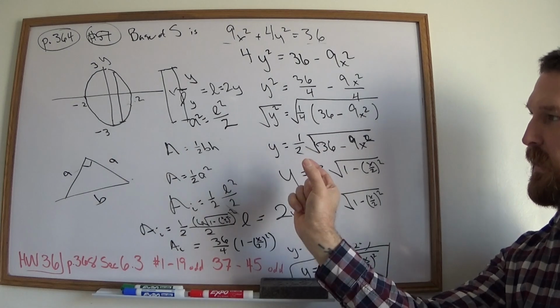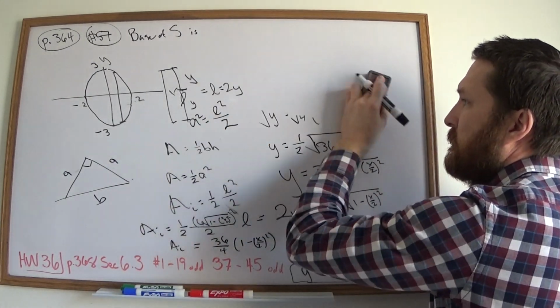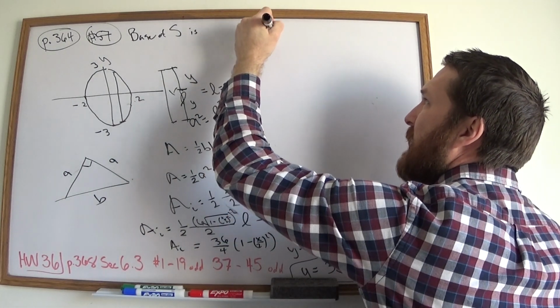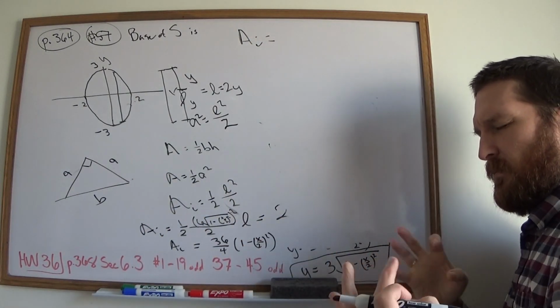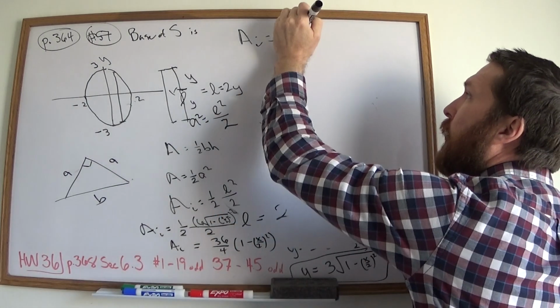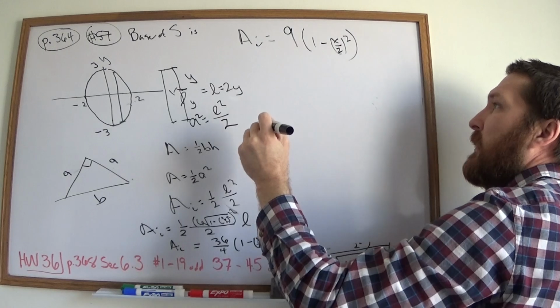An area times delta x gives the volume. So my ith area was, what's 36 quarters? 9. 9 times 1 minus x over 2 quantity squared.